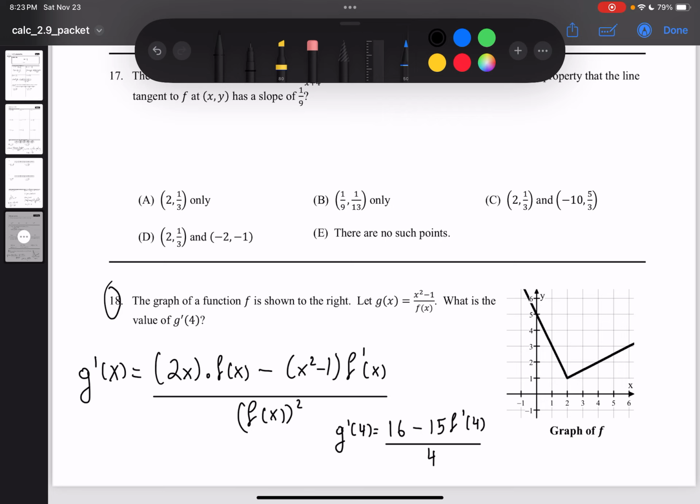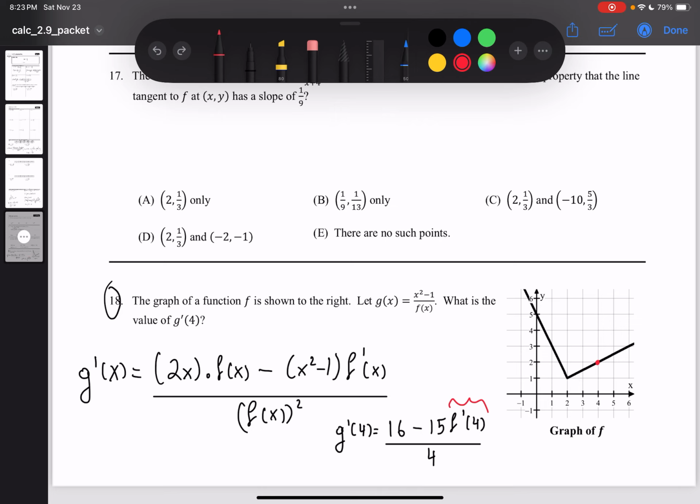So the only problem I have over here is finding f prime of 4, which is on this point over here. Now I want you to look at this line. Remember when we said that derivative is basically the slope of a function at a given point? And since this function is not even a curve, it's a straight line, that means the derivative is essentially the slope. It is in fact the slope.